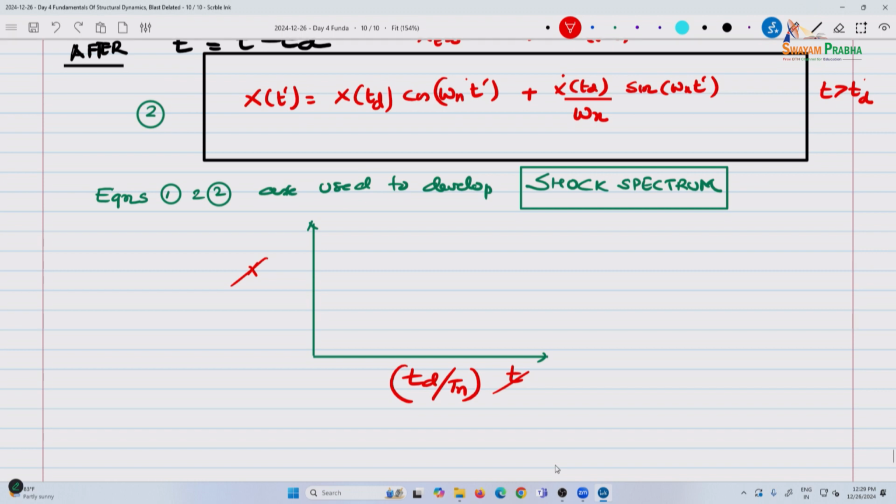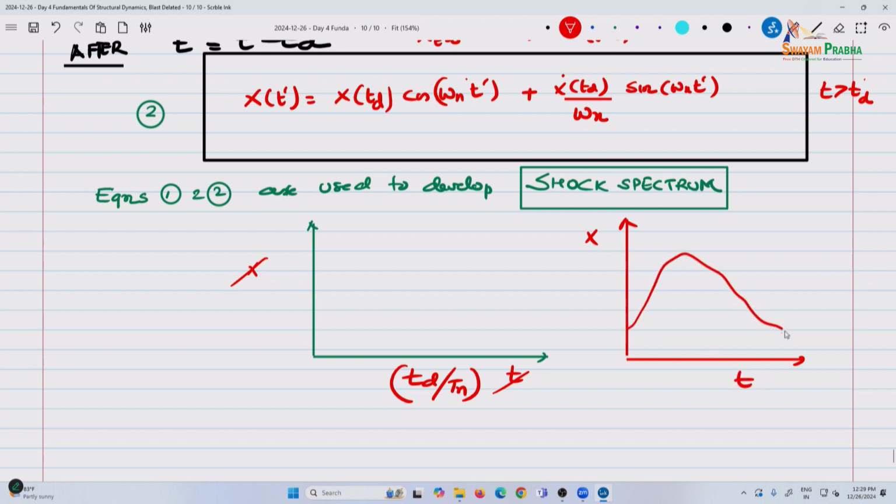Let me first draw the first answer. X versus t, you get something, some x function, but this is a displacement history, we'll call this displacement history. But now we want a spectrum. What would be the y-axis? X dynamic by x static.